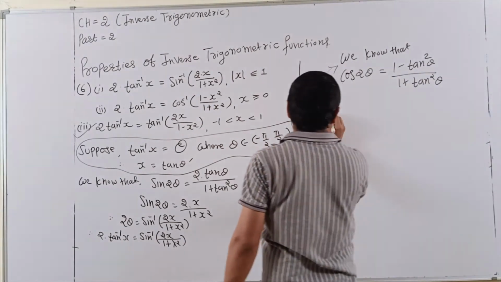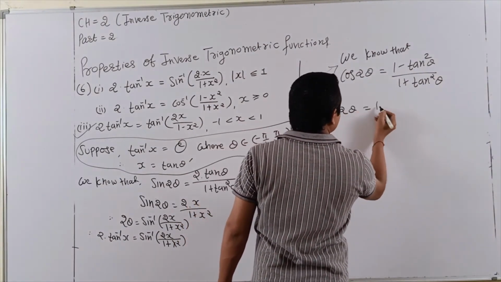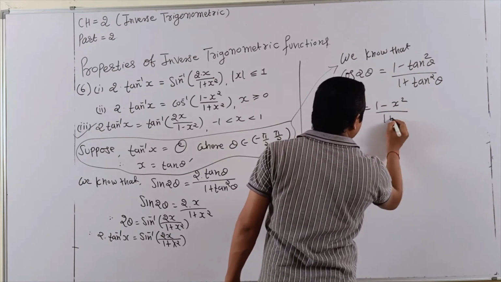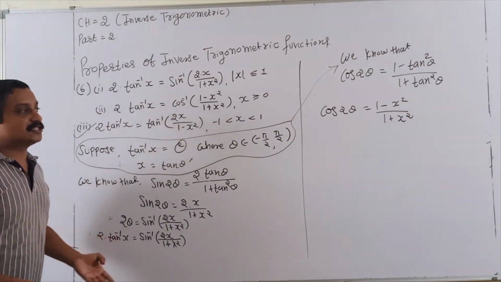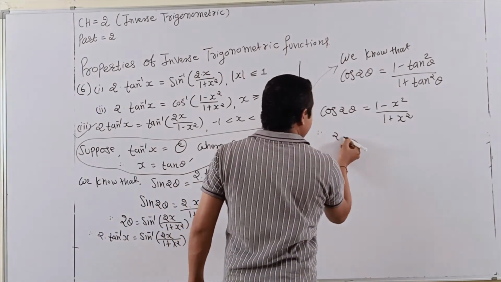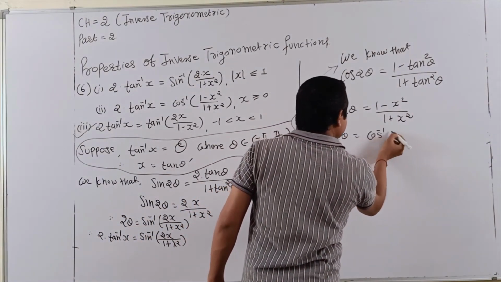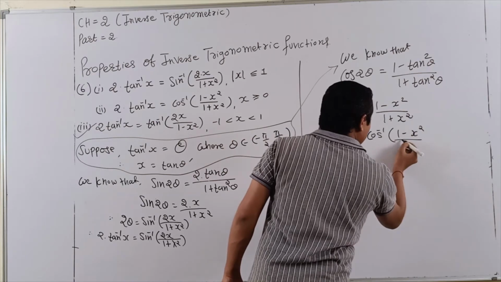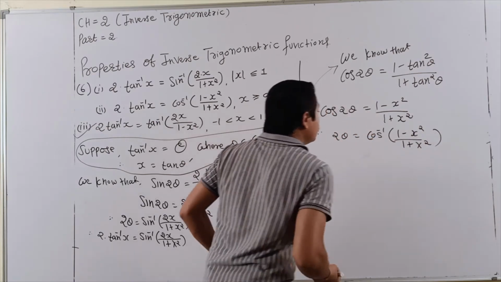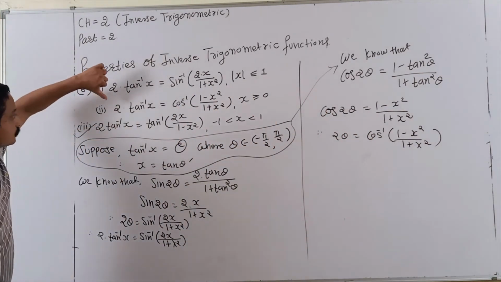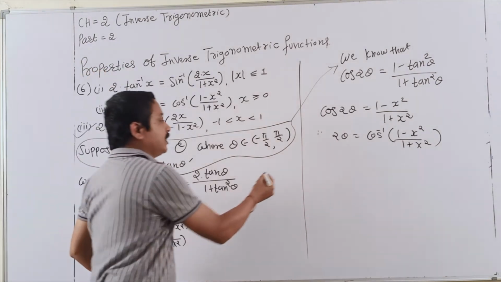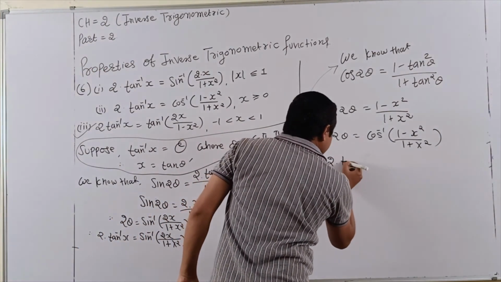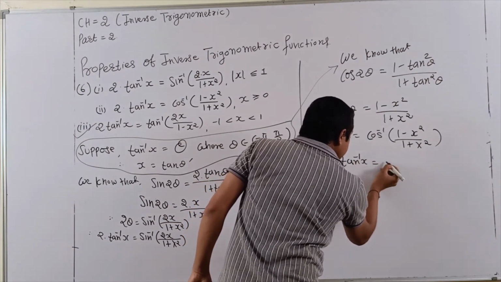So cos 2 theta is (1 minus x square) divided by (1 plus x square). And that way the proof is done. So what is the 2 theta? Yes, cos inverse of (1 minus x square) and (1 plus x square). Only the theta assumption you put there. So my answer is 2 theta, what is theta? Tan inverse x.